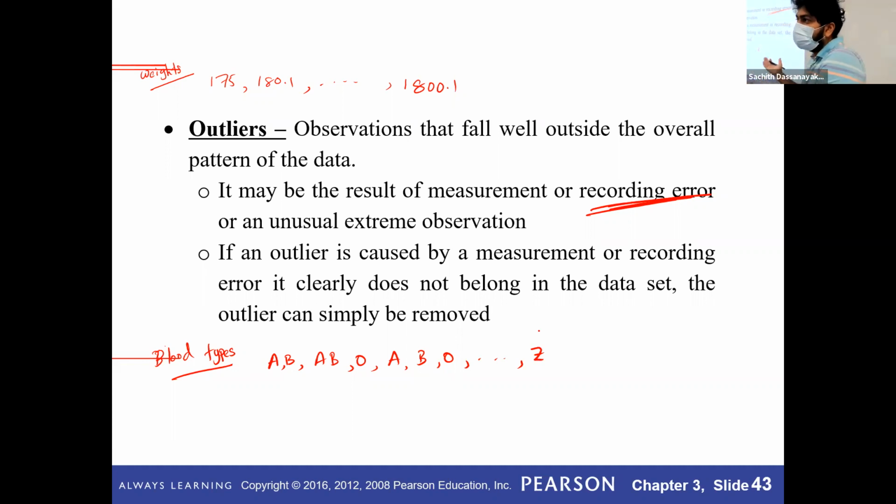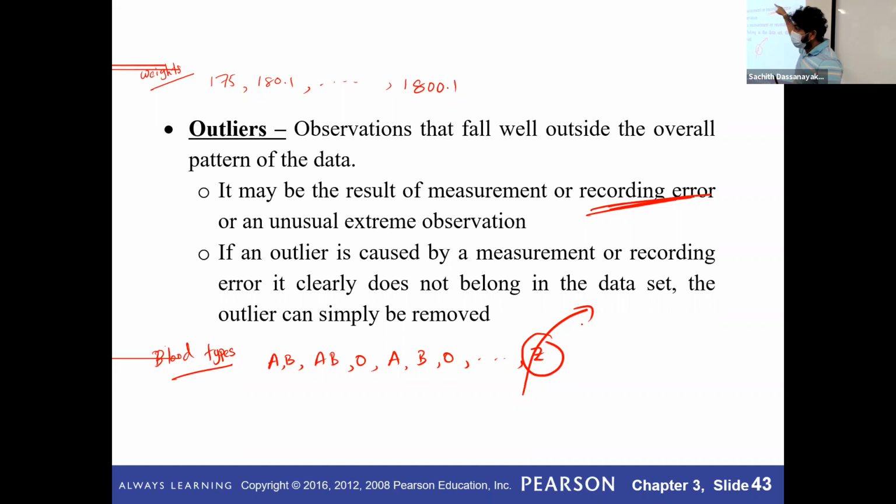Because we don't know that kind of blood type. So once you go through this data set, you can figure it out. Okay, this should not belong here. It's definitely an outsider. So in this case, you can simply remove this guy from your observations.